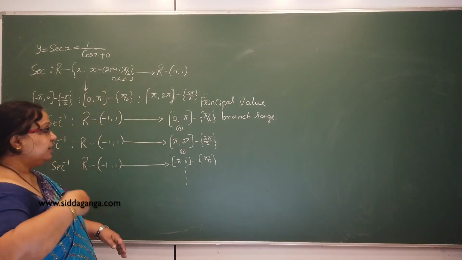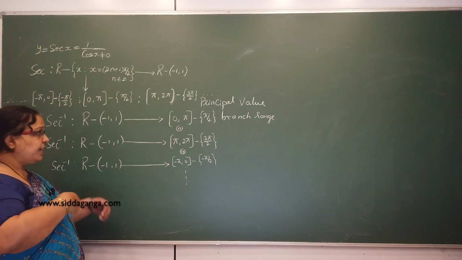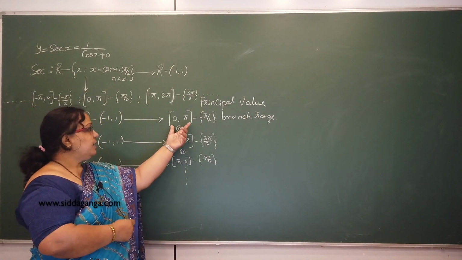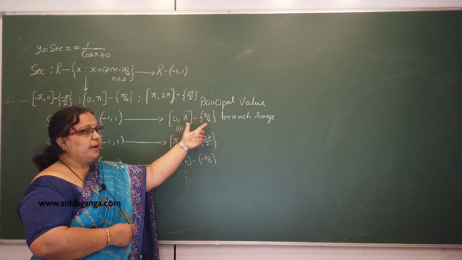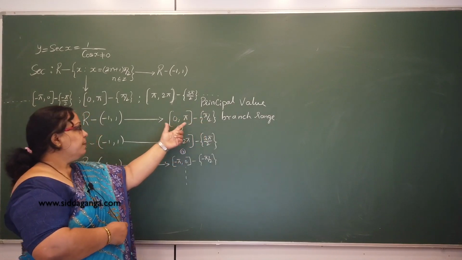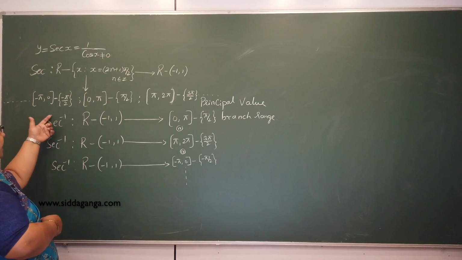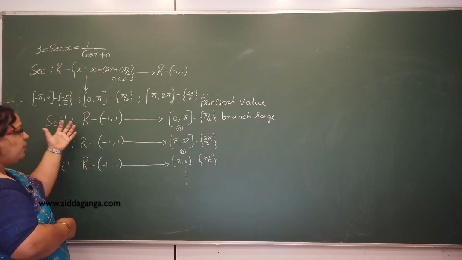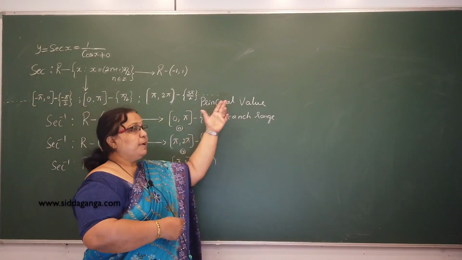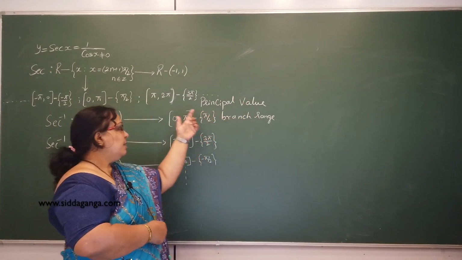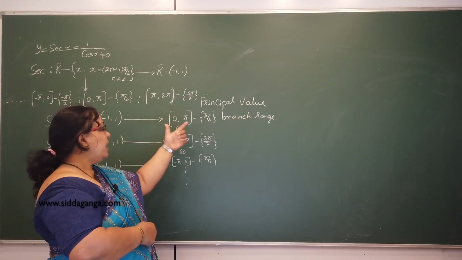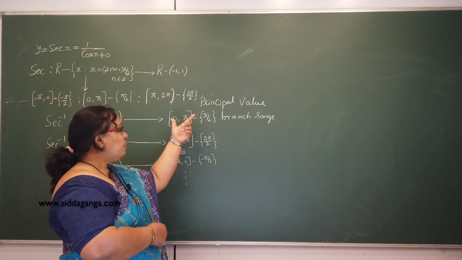In particular, the range taken as closed interval 0, pi except pi by 2, then the value of the secant inverse function is called the principal value. And that range, that is the branch obtained in the graph, is called the principal value branch range.